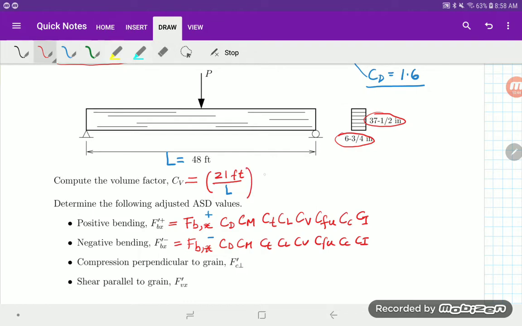Here we go. And then the next factor has to do with the depth of the beam, and that's always 12 inches. That one's going to be divided by the depth of the beam. Our depth is right there, 37.5 inches.